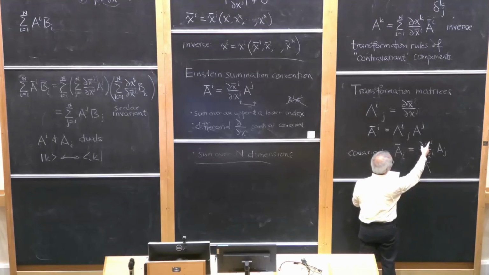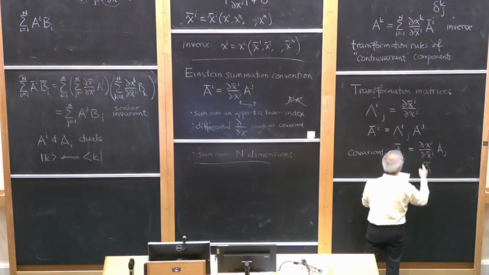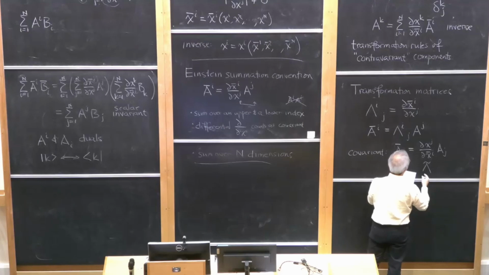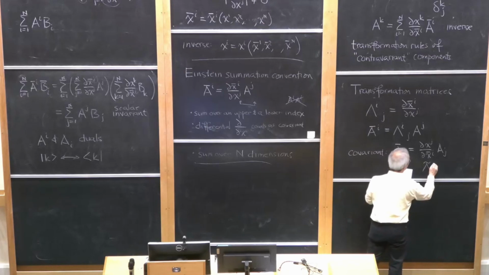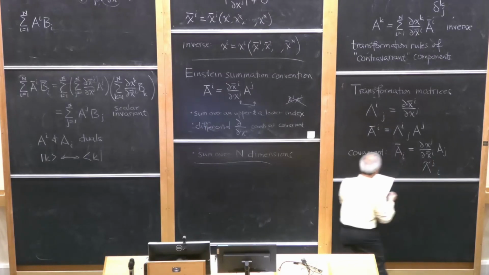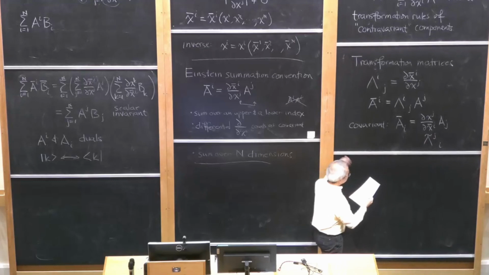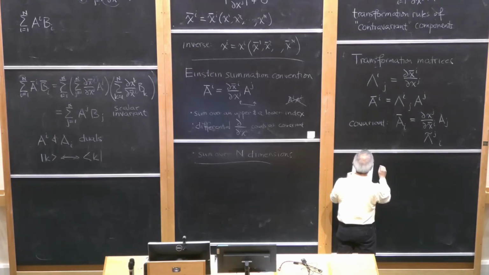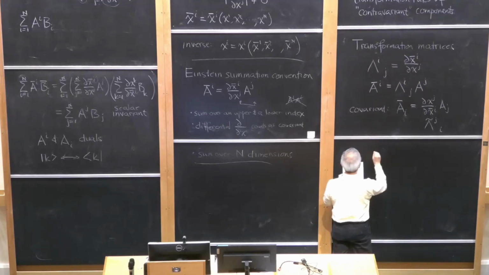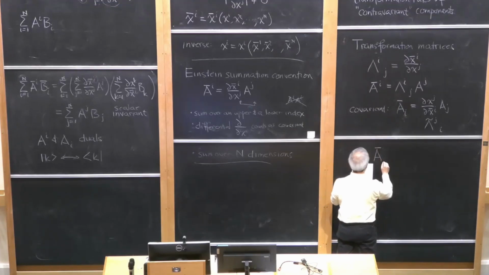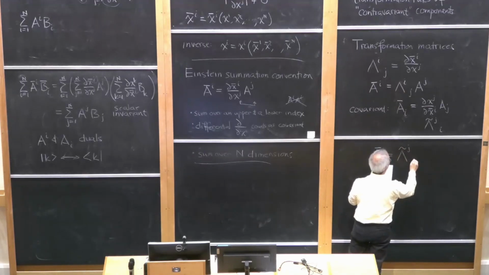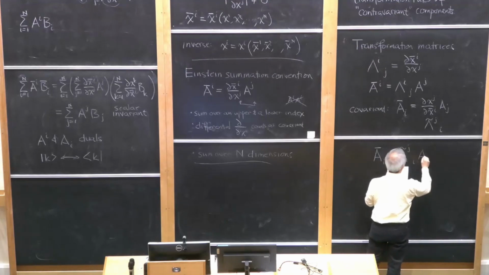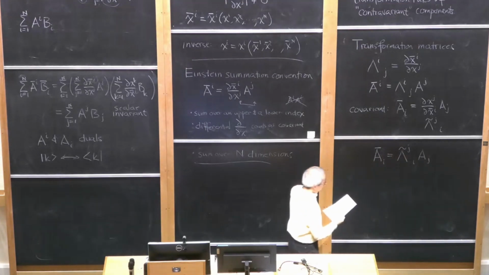Because this one is upper and that one is lower, we still want to write that as lambda tilde^j_i. Therefore we can write A bar_i equals lambda tilde^j_i A_j.